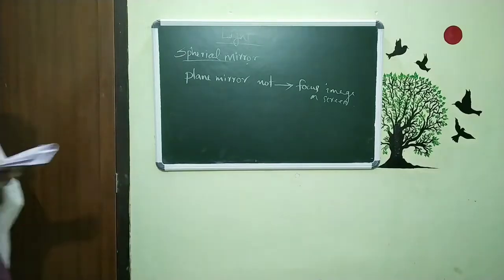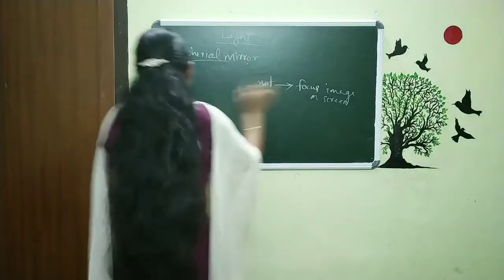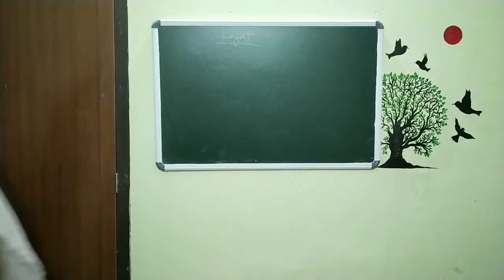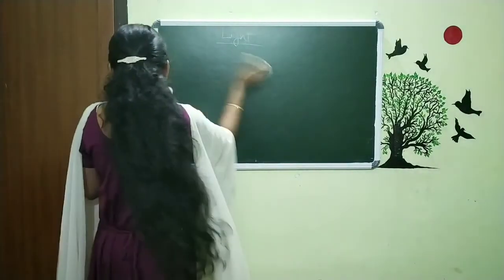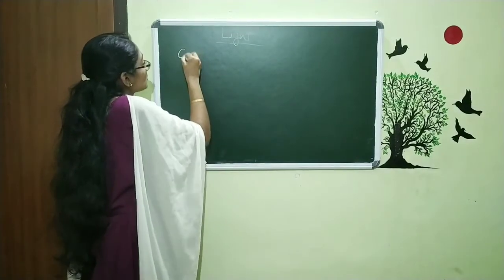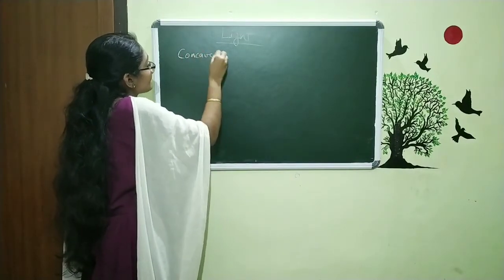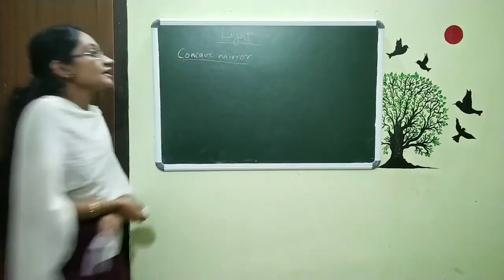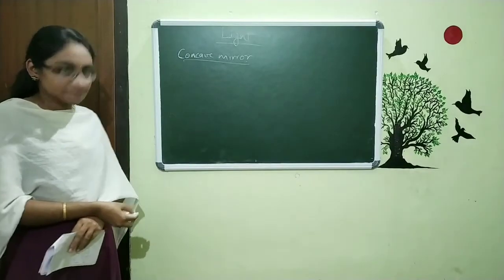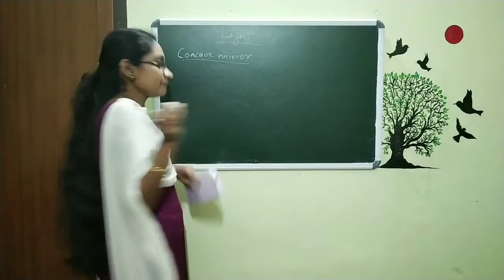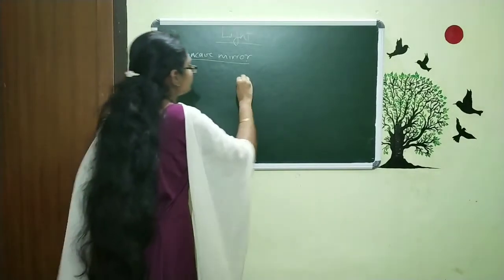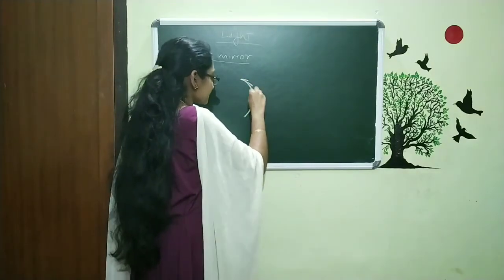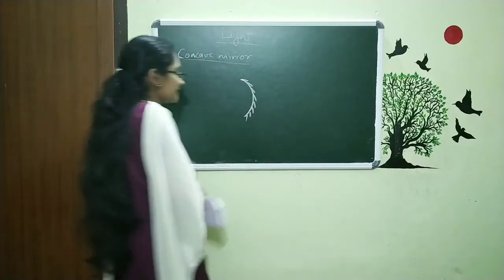One simple activity. We are just taking a concave mirror. The diagram for the activity you can see in your textbook. We are doing the activity using a concave mirror. Our concave mirror, the reflecting surface I am just shading here.